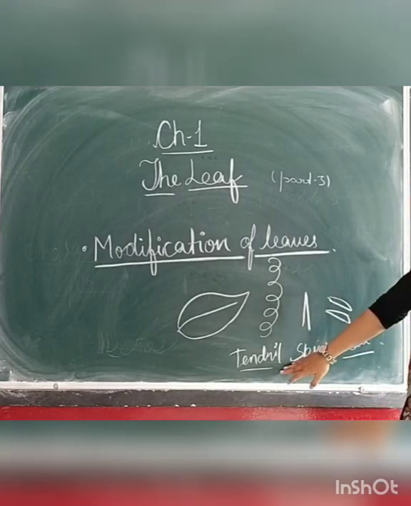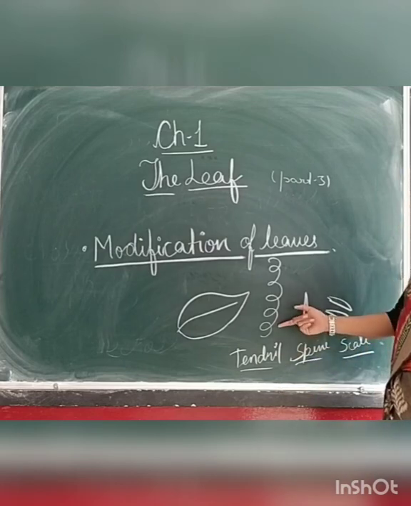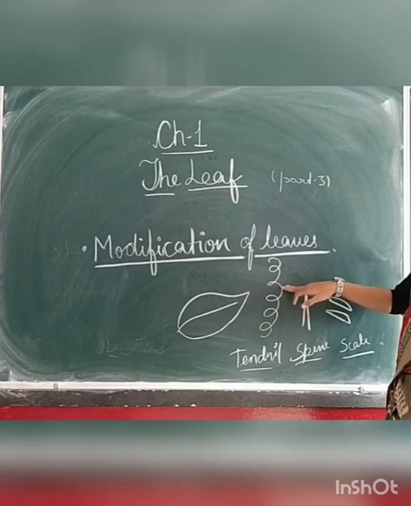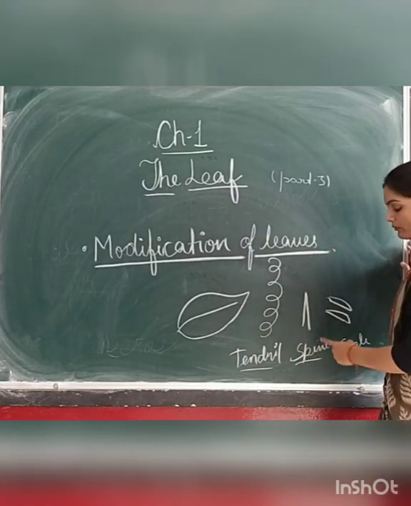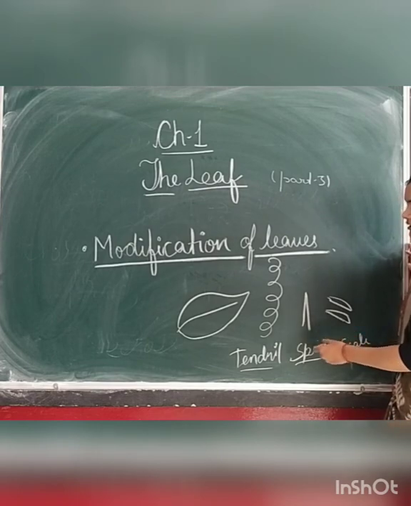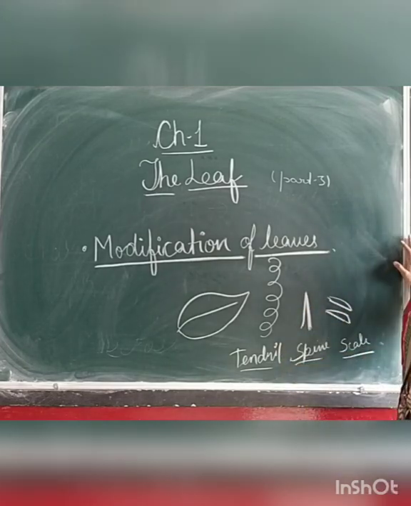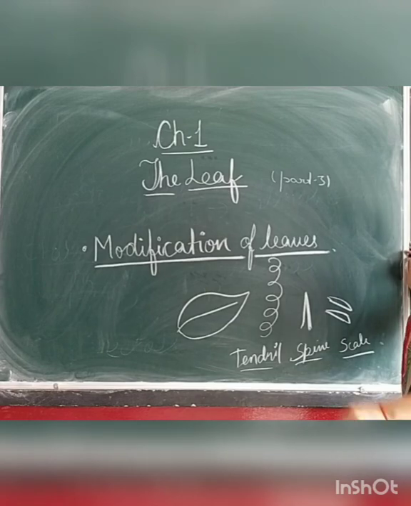For example, we see tendrils in garden pea and sweet pea. With the help of tendrils, they support the plant in climbing. When we see spines in cactus, the leaves are modified into spines, and this helps to reduce the rate of transpiration, meaning the rate of water loss.